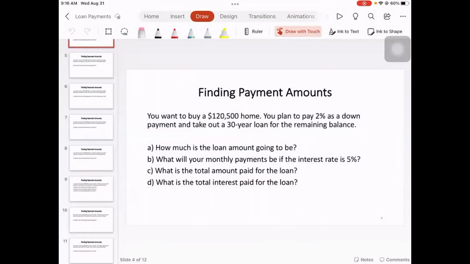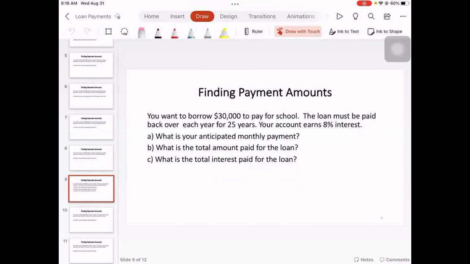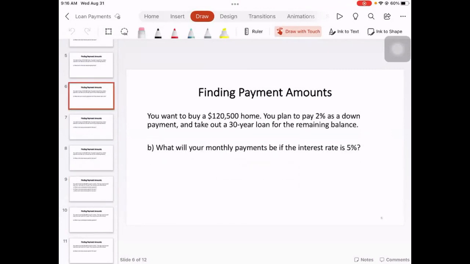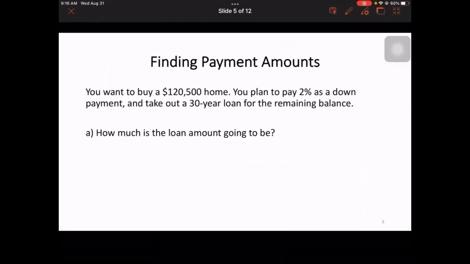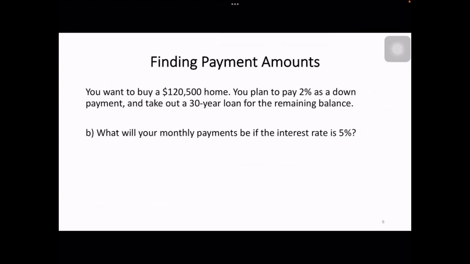Okay, everybody working on the B, C, and the D. The A part we already did.